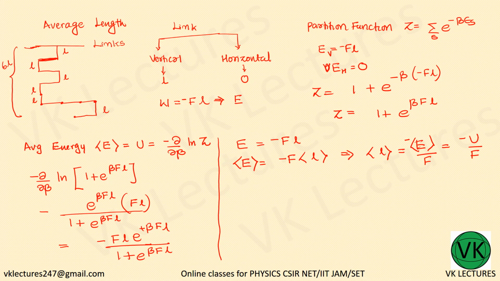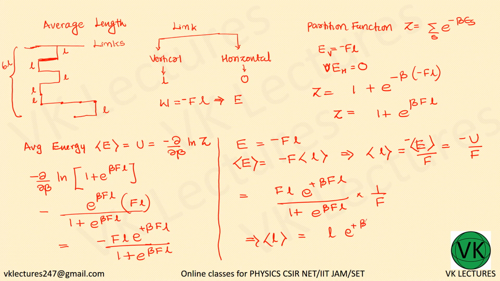Now what is U? U we have already found, that's equal to FL e to the power plus beta FL divided by 1 plus e to the power beta FL, into 1 by F. So F F gets cancelled, which implies L is equal to L times e to the power plus beta FL divided by 1 plus e to the power beta FL.